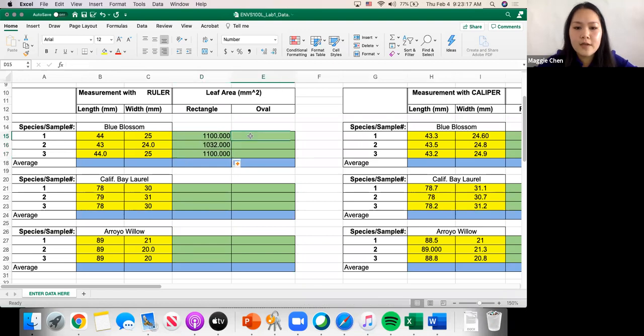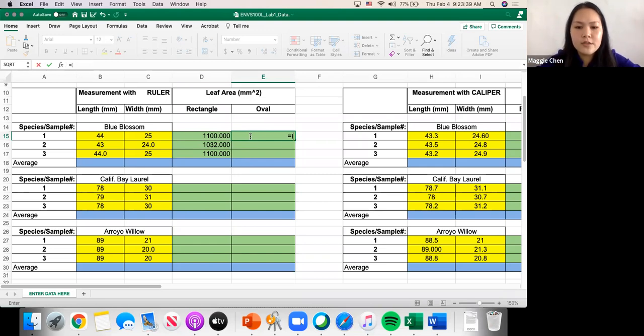But now if we wanted to find our oval leaf area, the equation for that is pi over 4 times length times width. So we would type that in. We'll again start our equation with our equal sign. For the pi over 4 function, we'll put that together in parentheses.